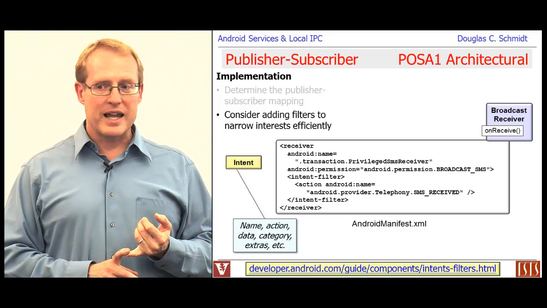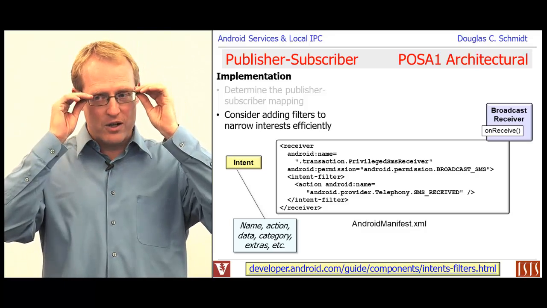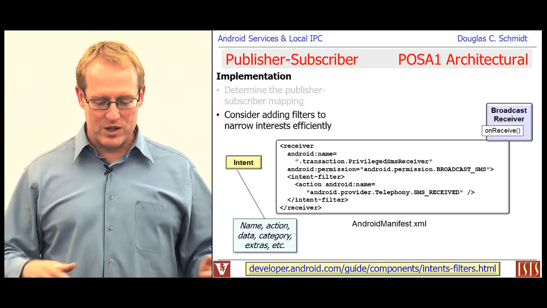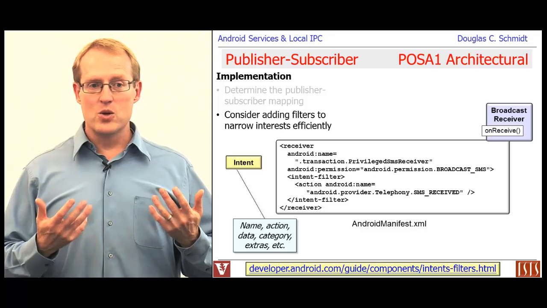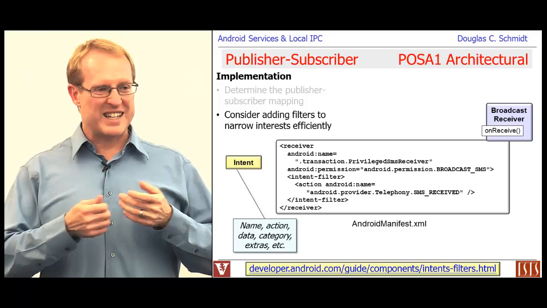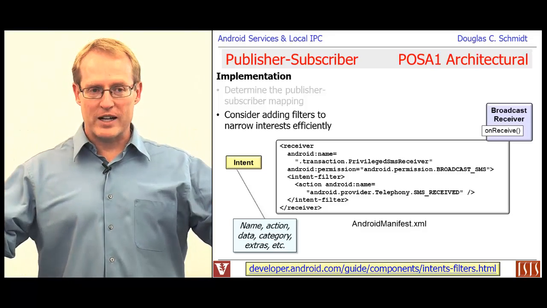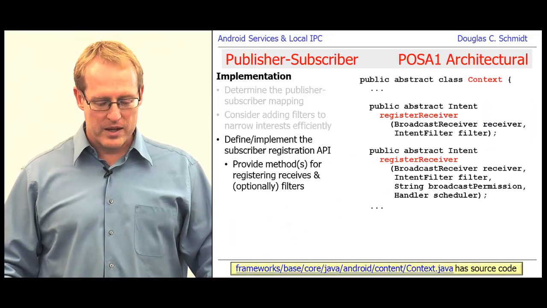You can do them dynamically by creating an intent filter and then registering it when you call register receiver. You can also use the manifest file, as we show here, to specify different actions, different data, and so on. And then you will only receive that stuff that matches your filters. So it's kind of like a sieve, and only things that pass through the sieve are actually delivered to the end result, to the broadcast receivers.